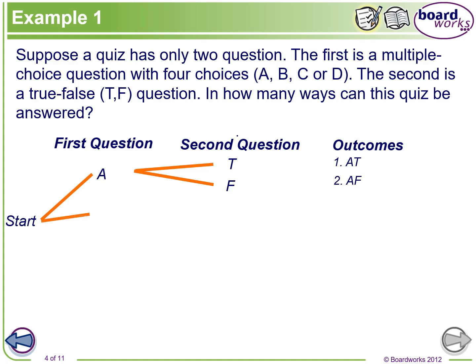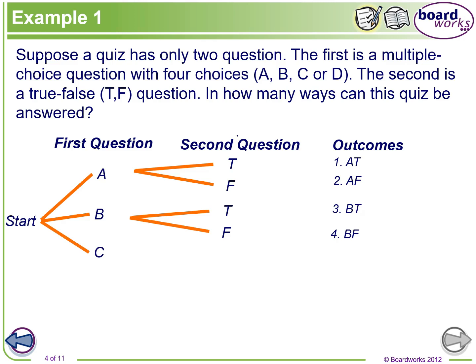It could be the first question's answer is letter B and the second question is true. So the outcome is B and true. Or the first question is B while the second question is F. So the fourth outcome is BF.